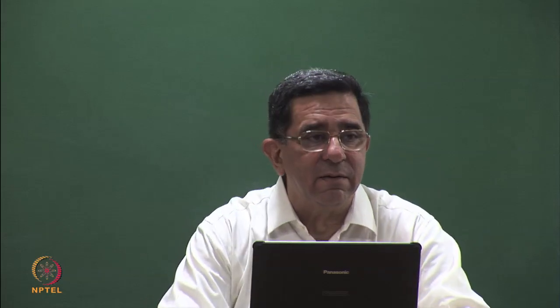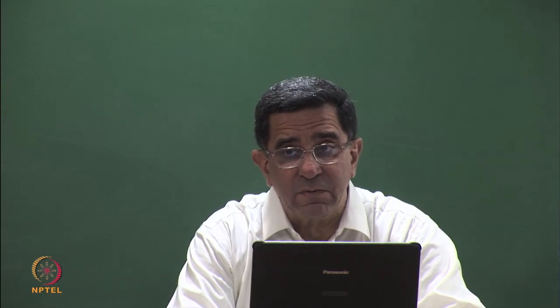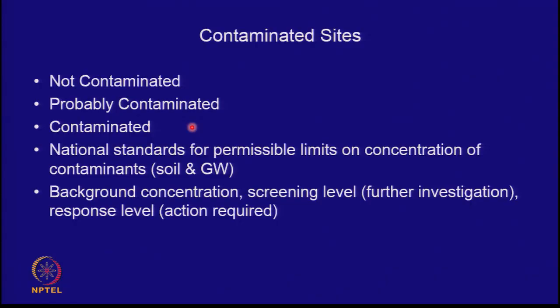Now see, it seems very simple that I can go and say that site A is contaminated. The first question is, to what extent is it contaminated in plan, and to what extent is it contaminated at depth? So that requires very detailed investigation. Before you attempt to quantify whether it is completely contaminated in a particular zone, you have to do preliminary testing to establish whether the site is not contaminated or probably contaminated.